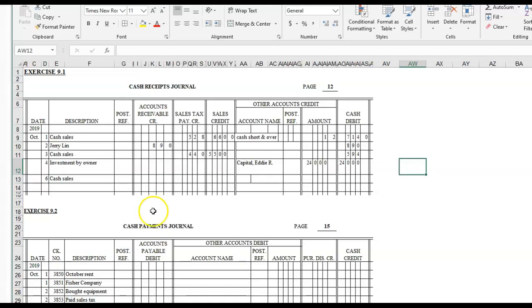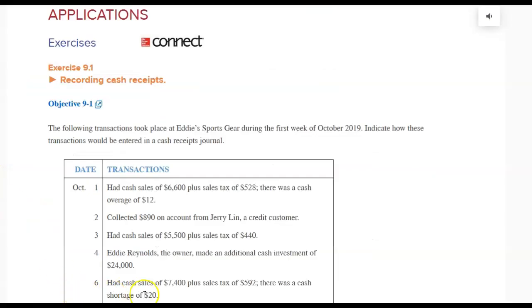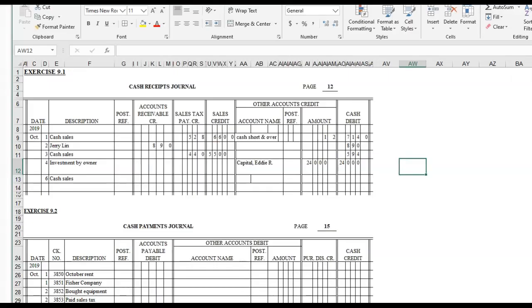And the last one had cash sales of $7,400 plus sales tax of $592. There was a cash shortage of $20. Okay, so we know again that's going to be cash sales of $7,400 under the sales. And we knew the tax was $592.